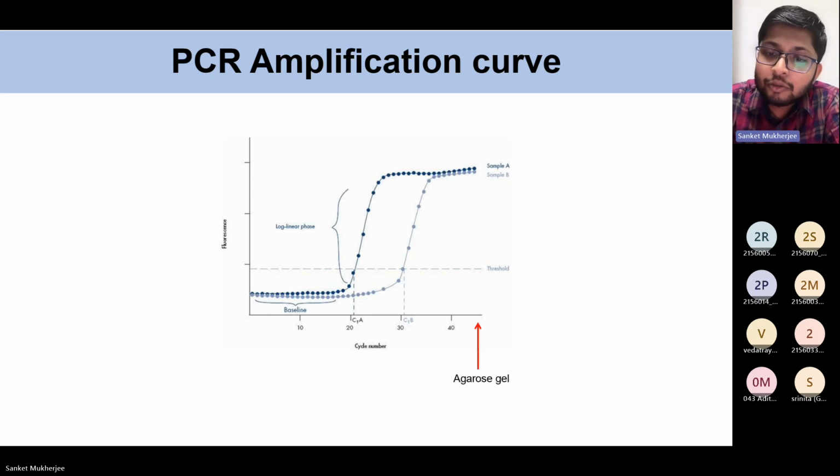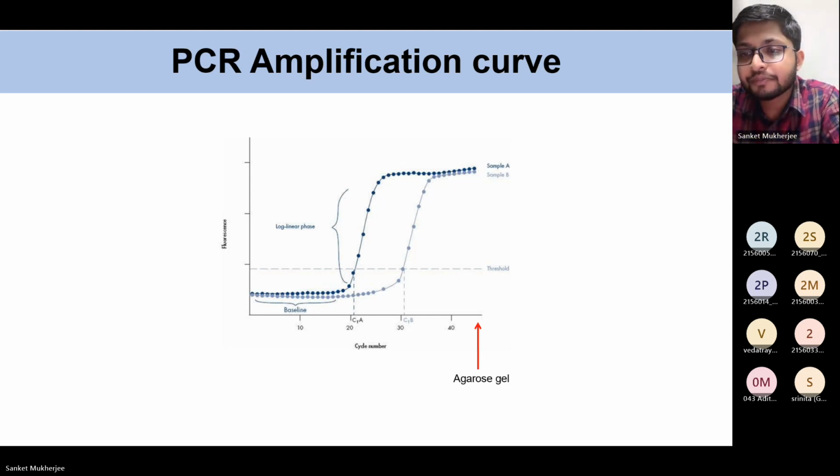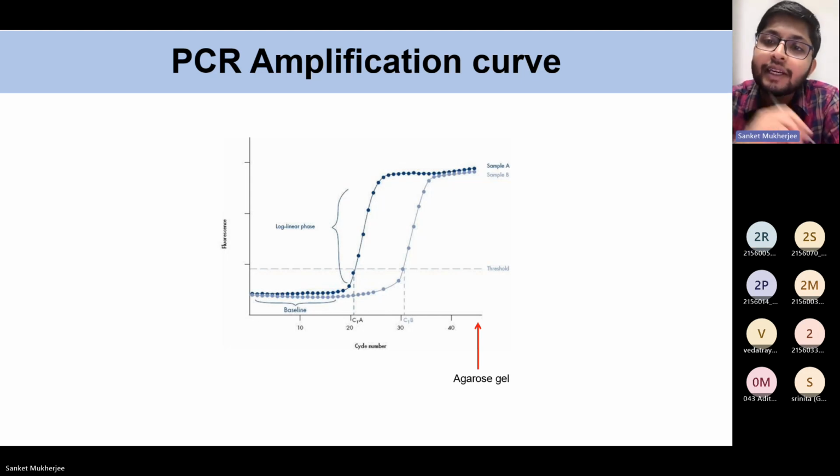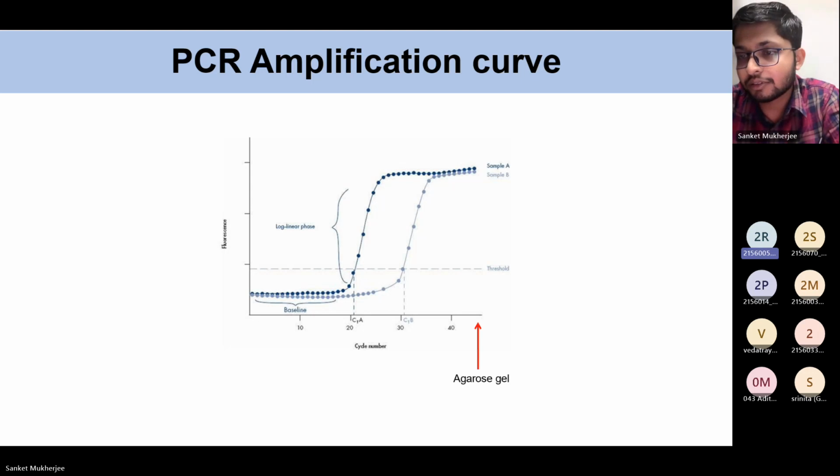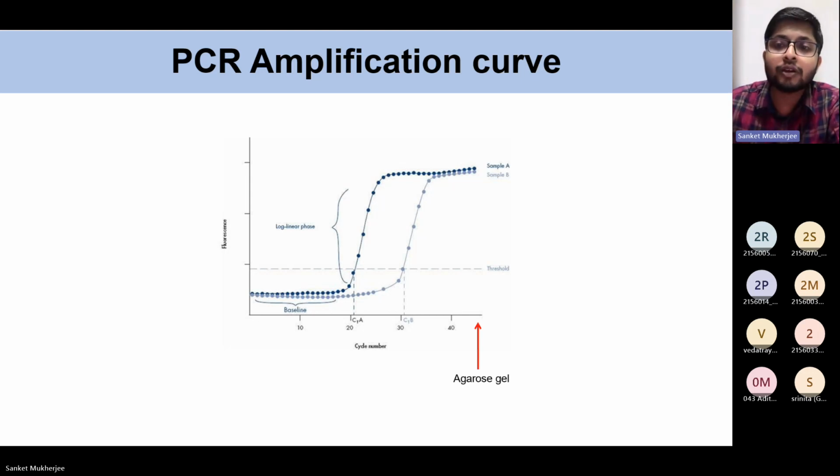So that would also give fluorescence, right? Yes, sir. Another thing, you are adding dNTPs also. What kind of dimers they are forming, we don't know. So there is noise at the lower level.